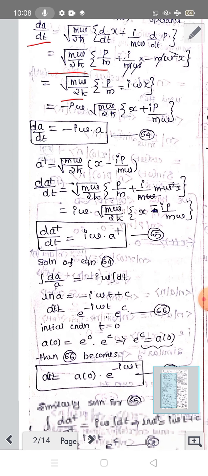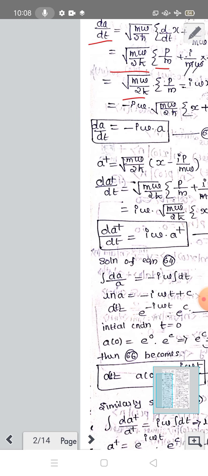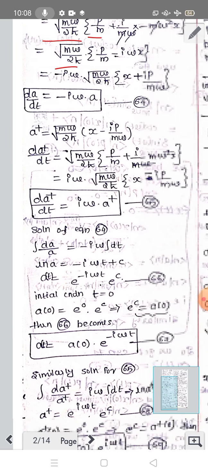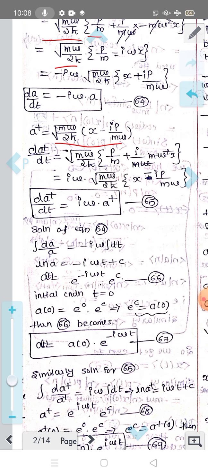And the creation operator is given by a dagger is equal to root of m ω/2ħ, x minus ip/(m ω), and dA dagger/dt is equal to root of m ω/2ħ into p/m plus i/(m ω) into m ω² x.